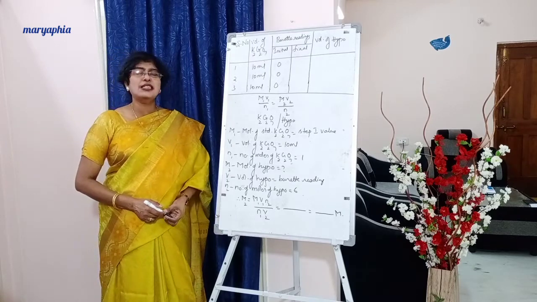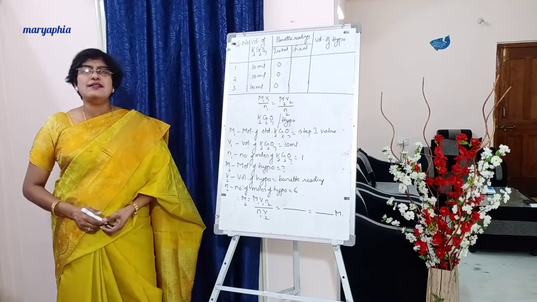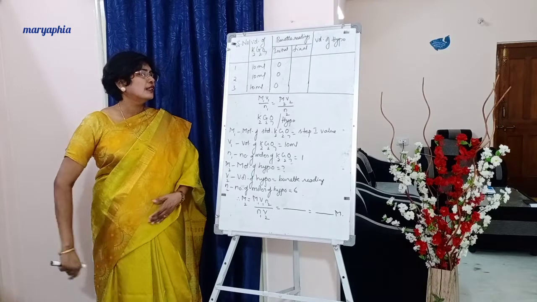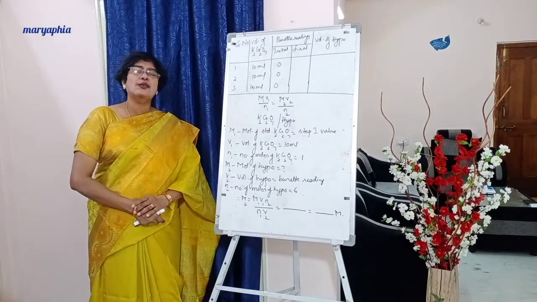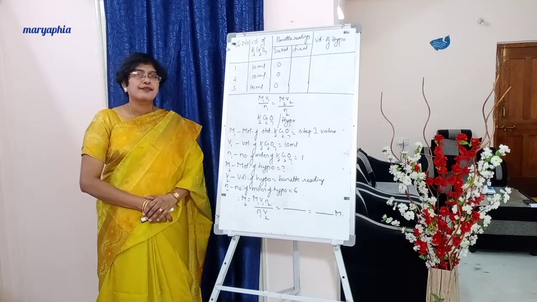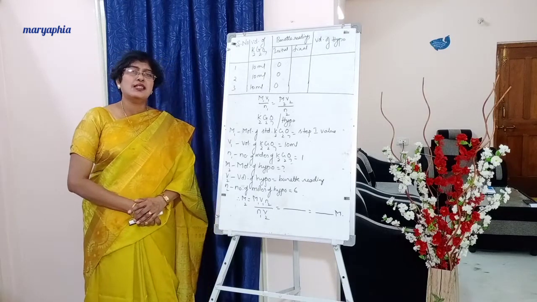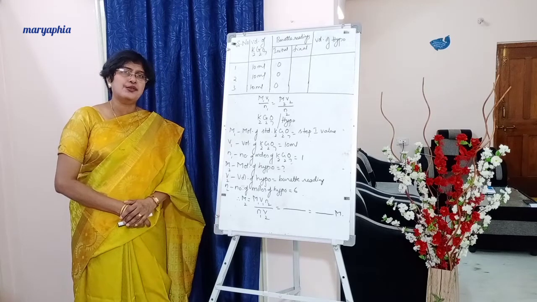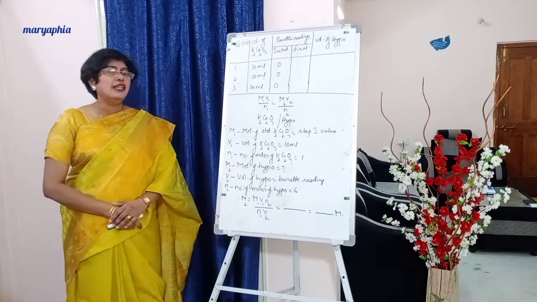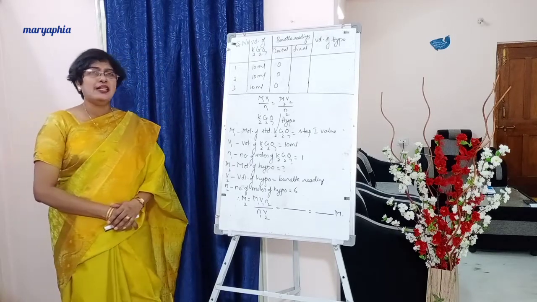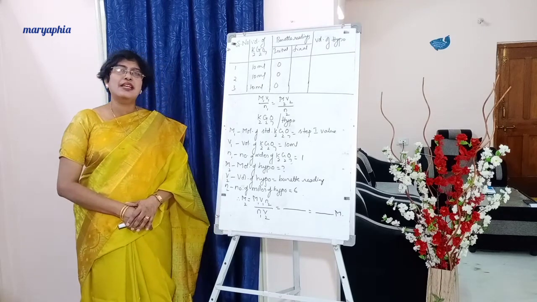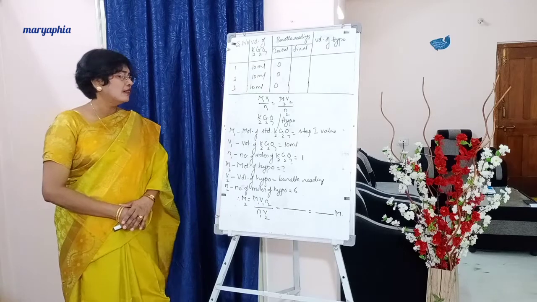Okay. Next, below the table, the formula, students: M1V1 by N1 equals M2V2 by N2. Below, K2Cr2O7 versus hypo. So below we will mention what this M1, V1, N1, M2, V2, N2 are. Write M1, molarity of standard K2Cr2O7, equals step 1 value. V1, volume of K2Cr2O7, 10 ml.